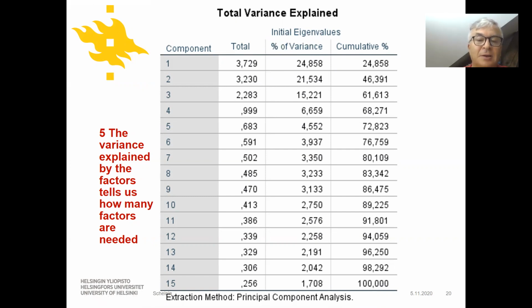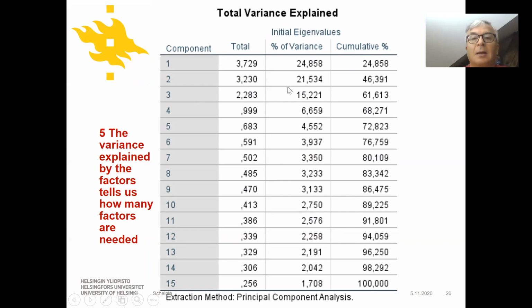An eigenvalue larger than 1 would indicate that there's more variance explained by the factor or component than a single item has. So a single item that doesn't correlate with any of the other items would have an eigenvalue of exactly 1.